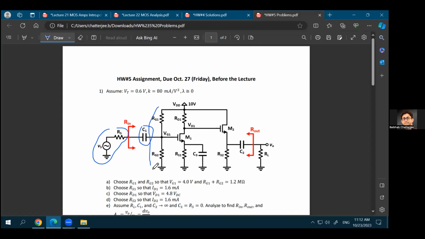You have this RD1 and RD2, which establishes the DC bias at the gate of the first-stage MOSFET. You have RD1, you have RS1, and you have this bypass capacitance. So up to this point, it's pretty well known to you, right? You can solve the voltages and currents at any point, given the information you have from the previous lectures and also from this class.